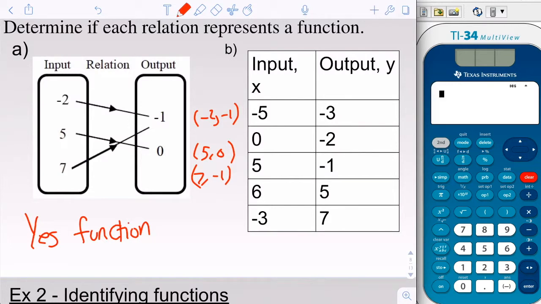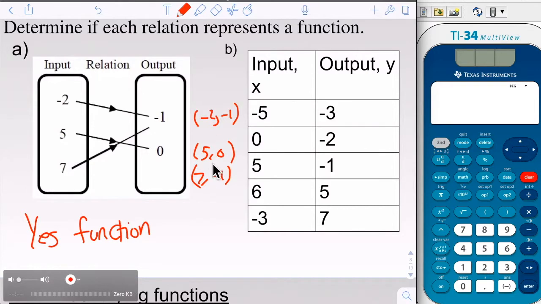And that's what I do when I'm going through and figuring out if the thing I'm looking at is a function or not. I'll make a sketch a lot of times, or at least I'll imagine the points in my head. I will list out the points that I'm looking for. Is there a single x value that has more than 1 y value? Letter B, for example. Let's look here. Do I have any x values that have more than 1 y value? Does -5 go to 2 different values anywhere?